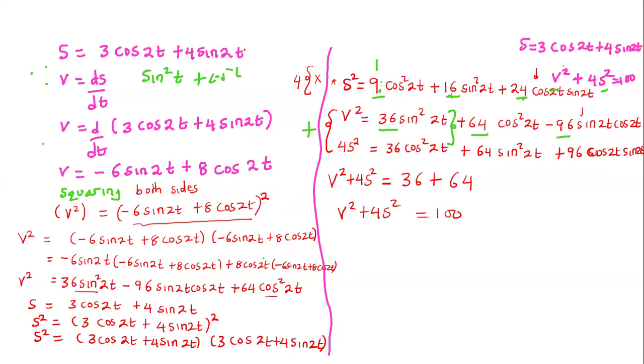Okay, let me pick on Edith. Yes, Edith. Yes, on this one, where we have added V squared plus 4S squared, here it is 36 sine squared 2t, then plus 36 cos squared 2t. I've seen that we have 36. How? Okay, you stay on, Mbuga. Mbuga, you remind us. Mbuga, are you there? Yes. Mbuga, what is sine squared t plus cos squared t equal to? It is equal to 1.